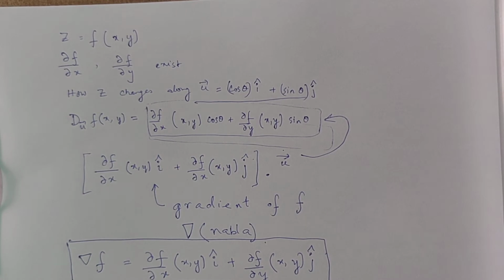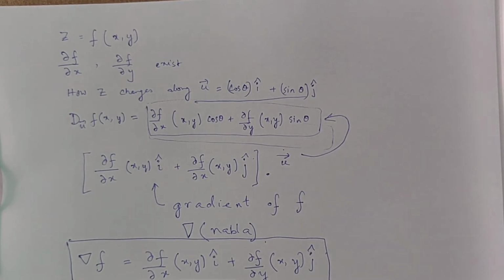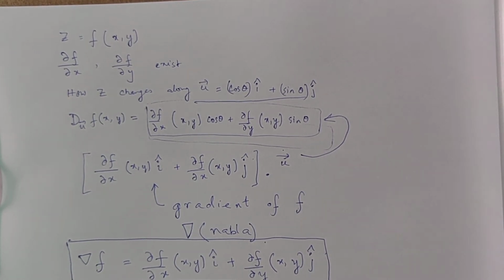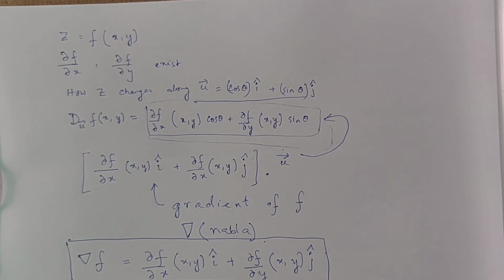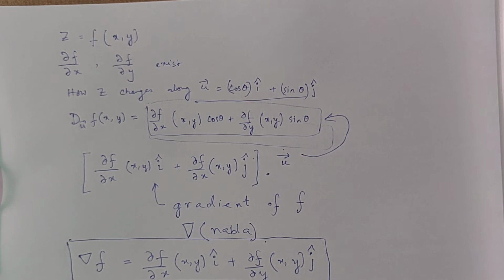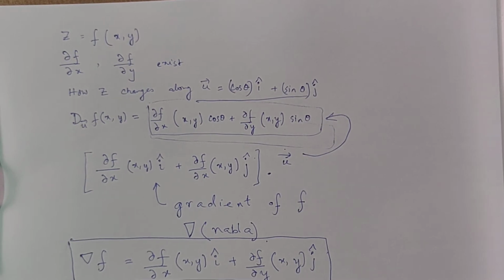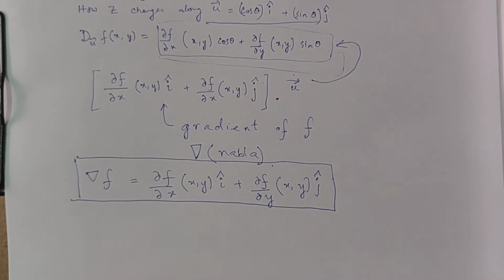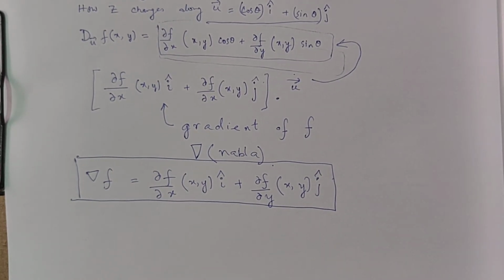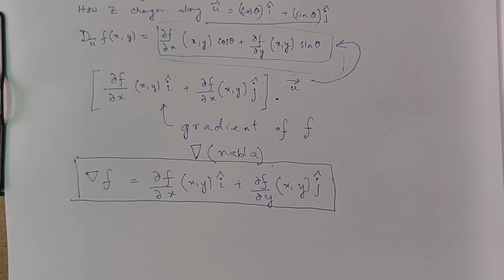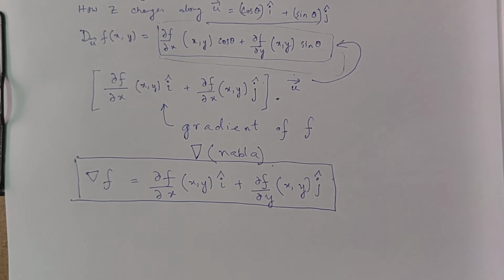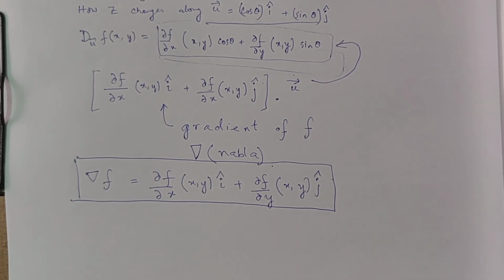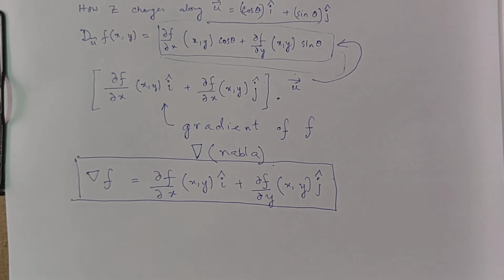Now tell me one thing, that this gradient has a very interesting property. I will not go into all the properties because this is not a mathematics class. I will take only that property which is required for our application.